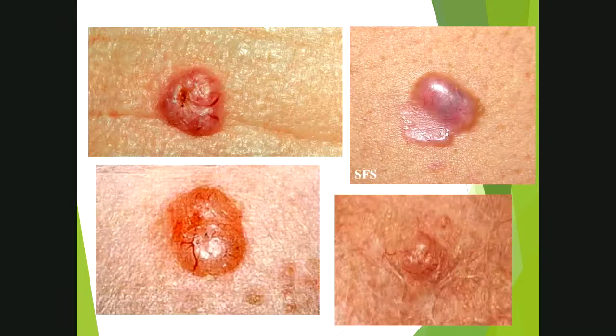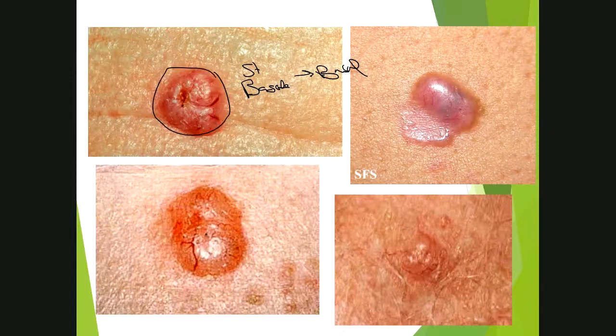So here's the basal. That's where it comes from, the stratum basale, and so they're called basal cell carcinomas. If they're not in the PowerPoint that you have, they're in the lecture PowerPoint. You have access to them, and I'll change it if you want me to and put them back in the lab one.